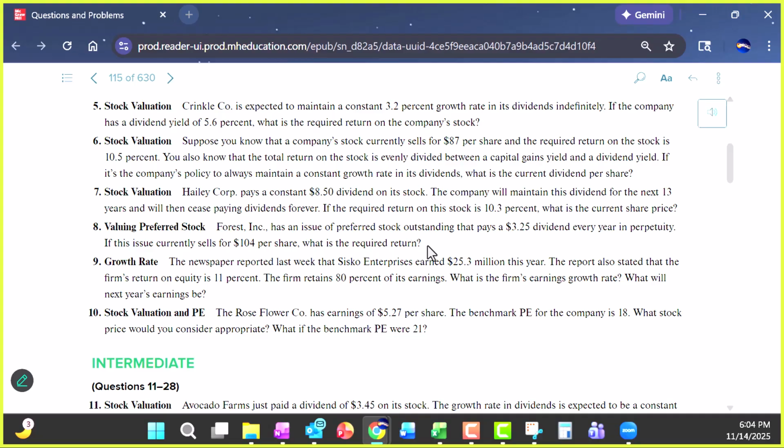Let's talk about the preferred stock. A preferred stock is basically a stock that pays constant dividends ad infinitum. So let's just do this. It pays 325 in perpetuity. Current price is 104. What's the required rate of return?